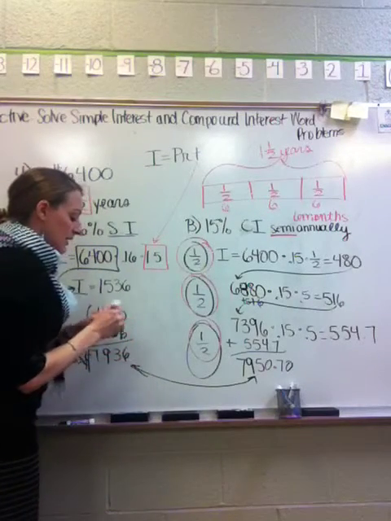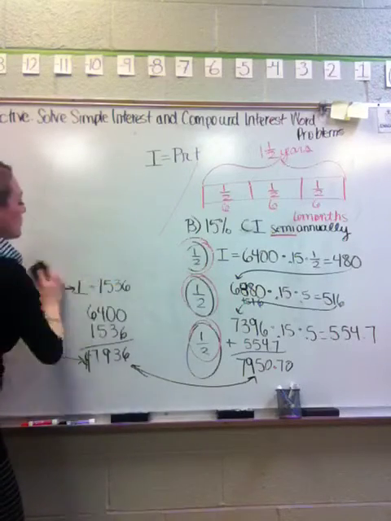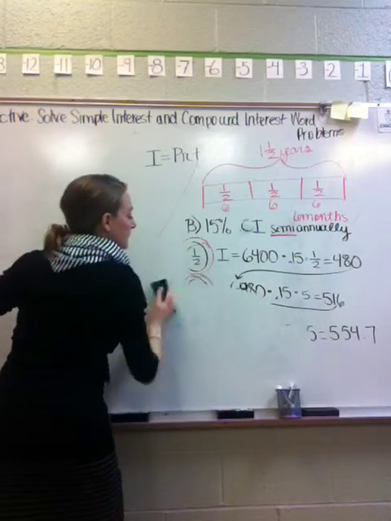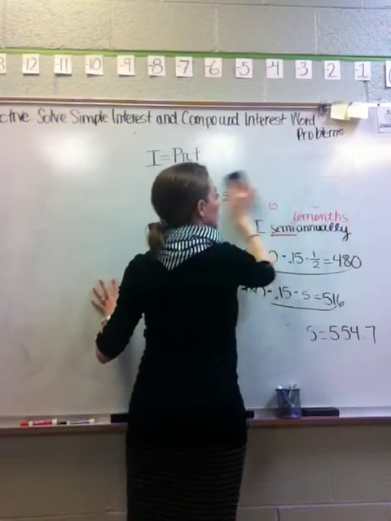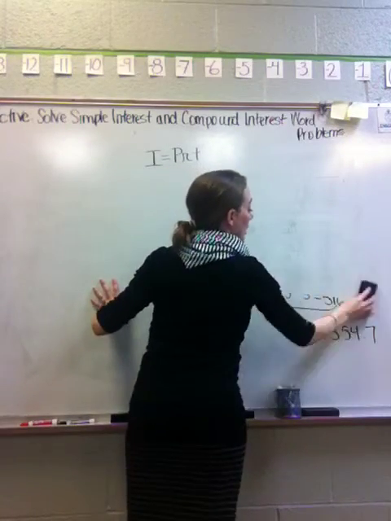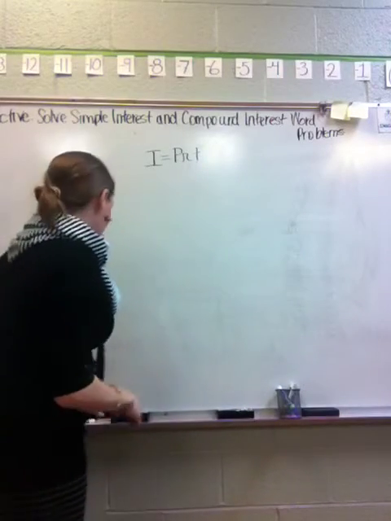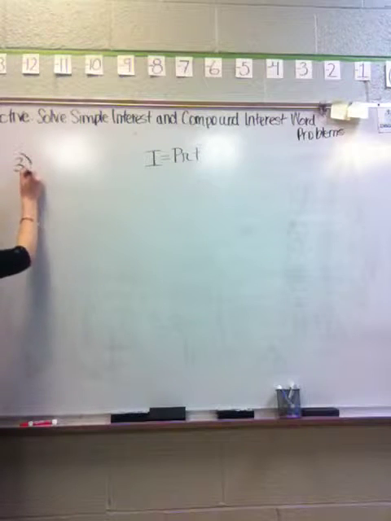Let's go ahead and talk about number 3. Okay, if you're ready, just do number 3 by yourself. I'm going to work through it up here. How would you write the time for simple? 3/4, or 0.75. Okay, let's look at number 3.